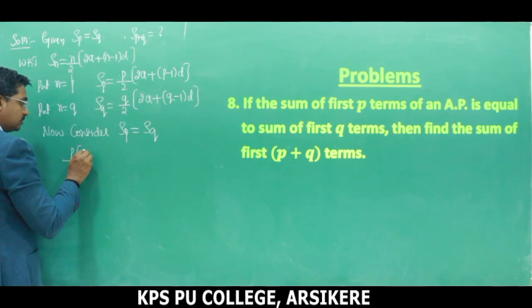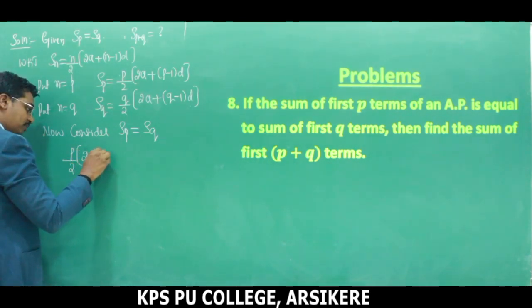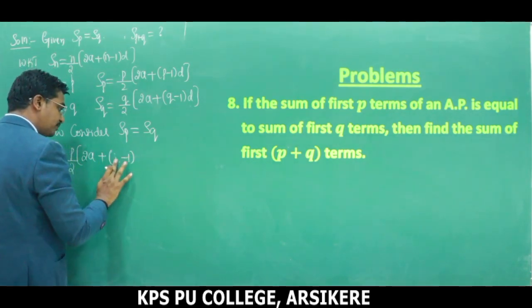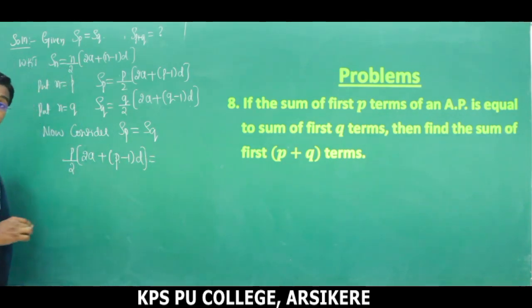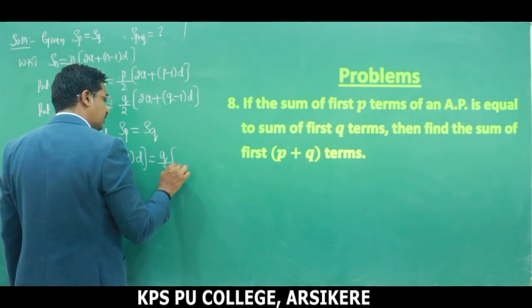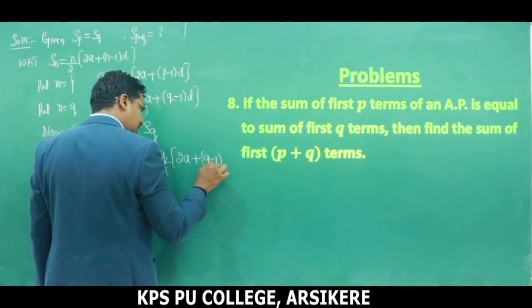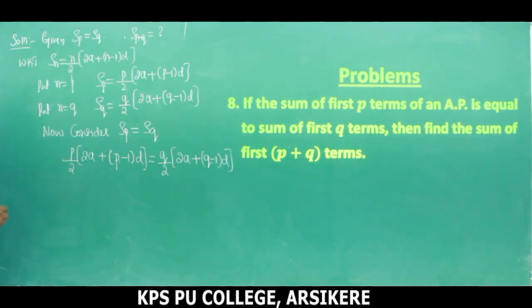Sp is p by 2 into 2a plus p minus 1 into d is equal to, what is Sq? q divided by 2 and here 2a plus q minus 1 into d. And here 2 and 2 get cancelled.